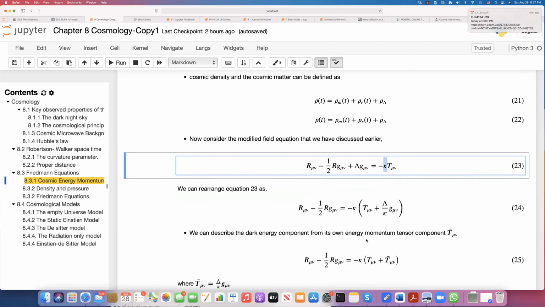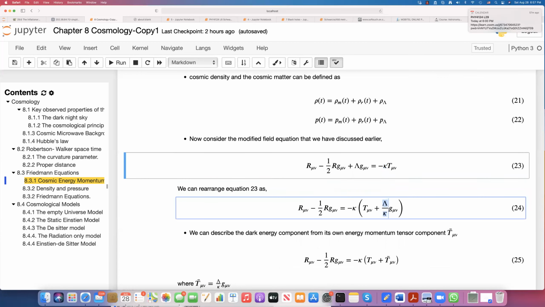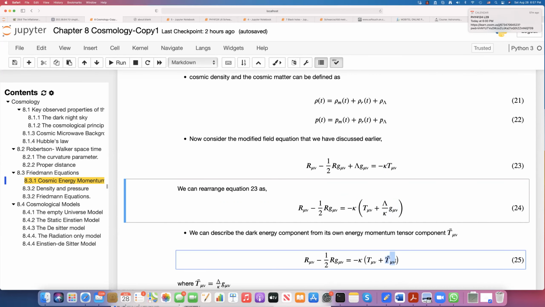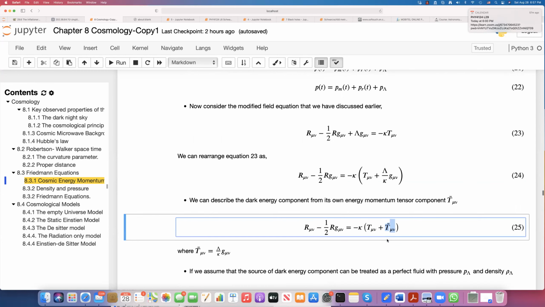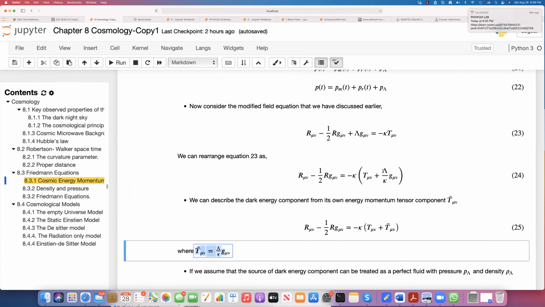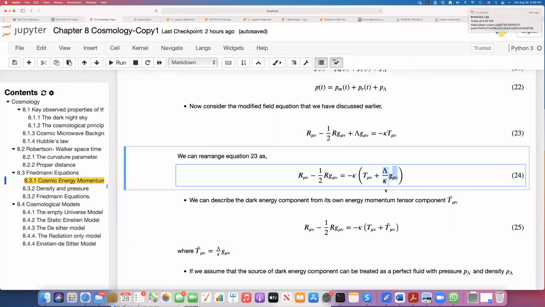And the energy momentum that comes due to the dark energy, you can represent in this way, T bar mu nu. Take that as the dark energy component from its own energy momentum tensor. The value of this T bar mu nu is given here, which is basically this term right here. We just put a name there to identify it easily.